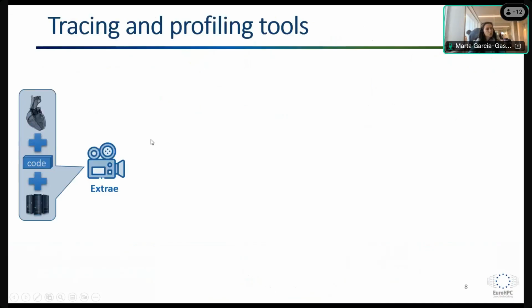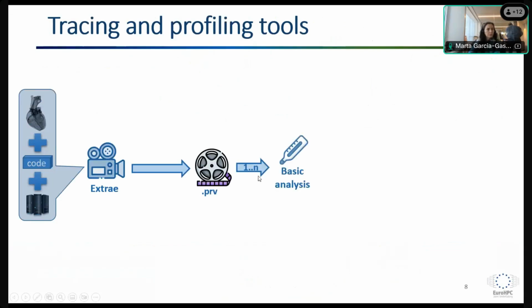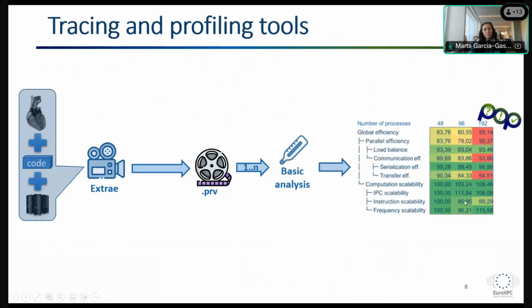Extrae is used to record a trace of your execution. So it records all the information of what happened during this execution. This is stored in a file that we call a trace, which is a Paraver file. These traces can then be passed through a tool called basic analysis that will provide us some metrics.